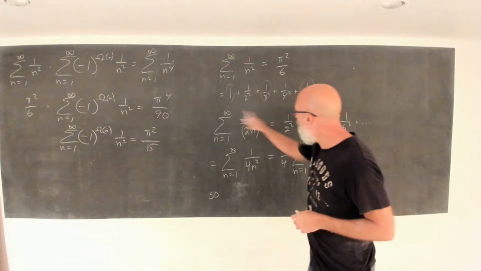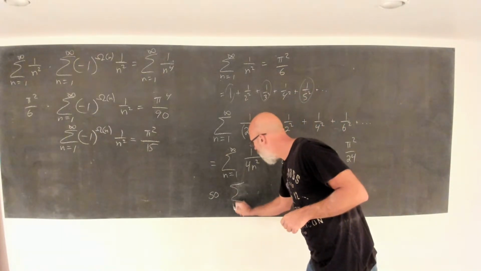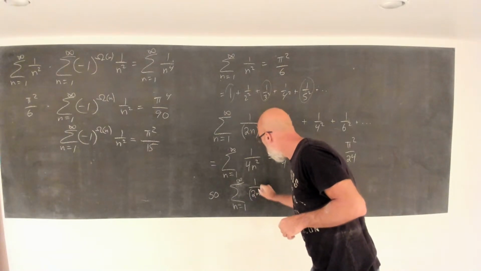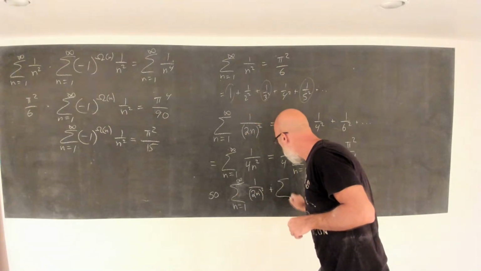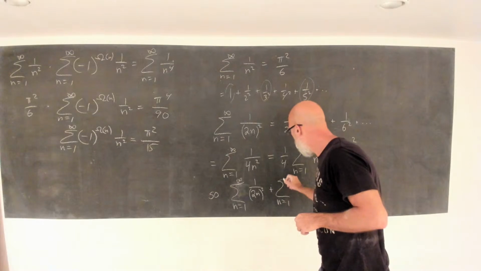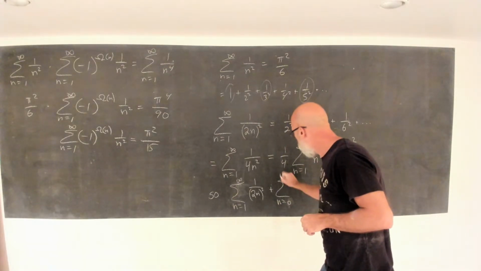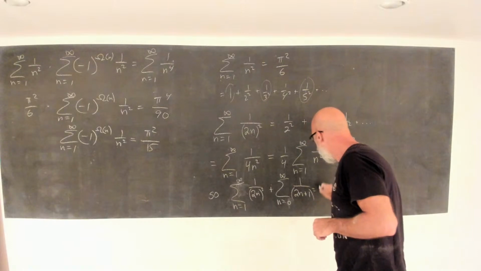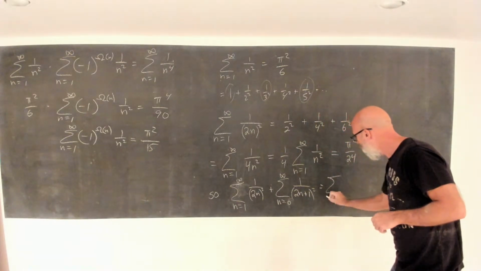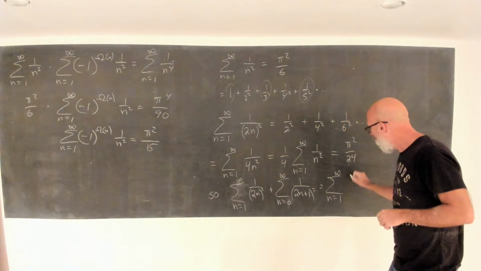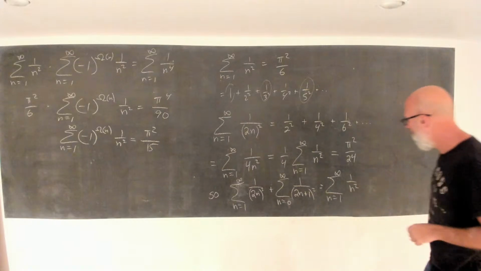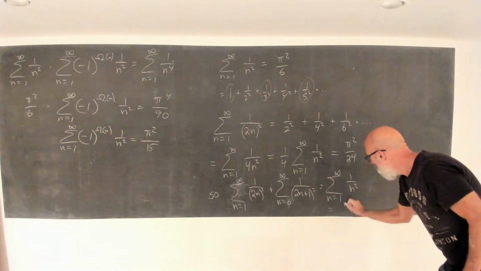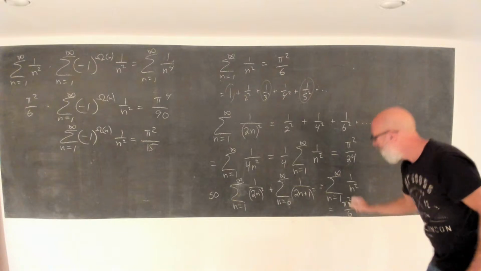So if you add the evens and the odds, you get everything. But this is pi squared over 6.